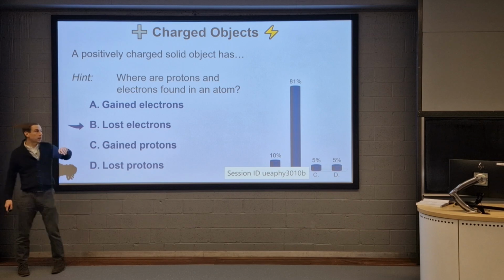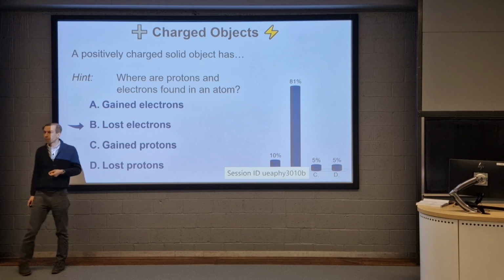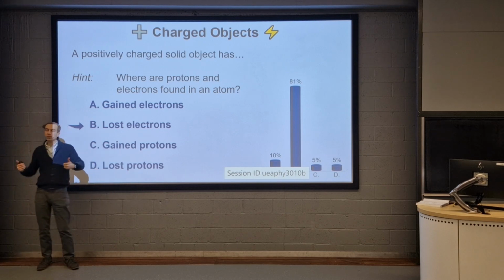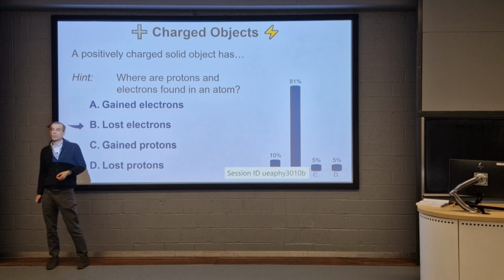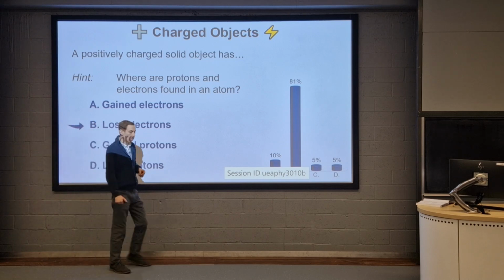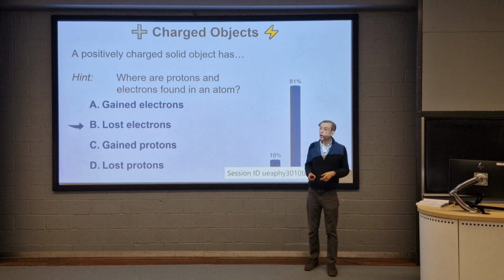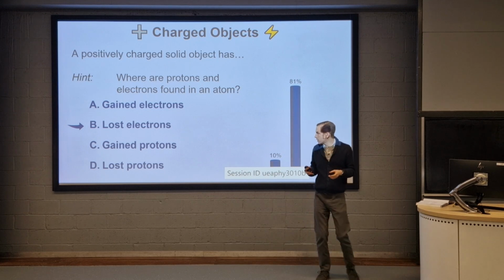So very well done to everybody who gave that question a go, especially if you spotted that it lost electrons. Just remember, protons have a positive charge, electrons, the convention is we say they have a negative charge. So very well done, everybody, with that one. So that's the basic idea that was going on with the block of amber when it's attracting things, or with the cat.